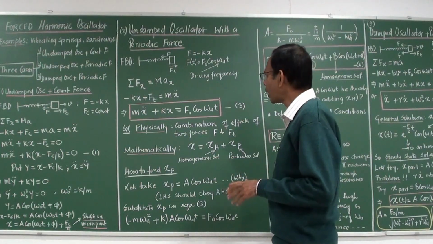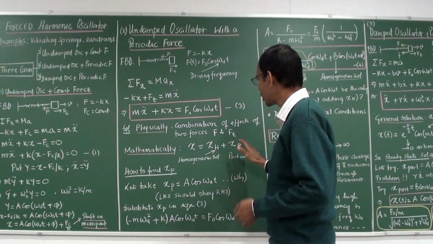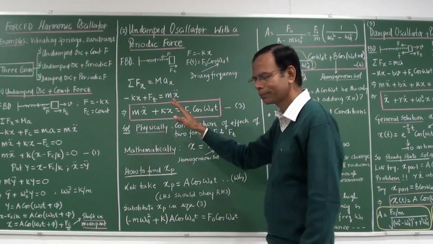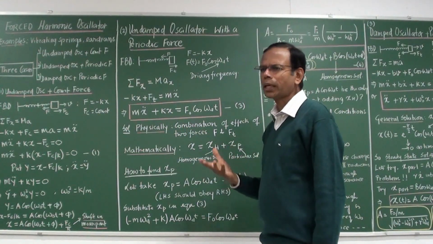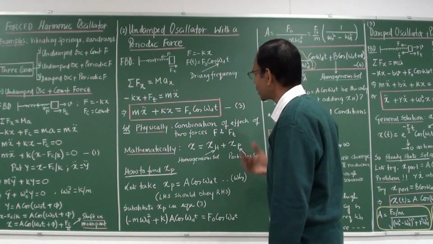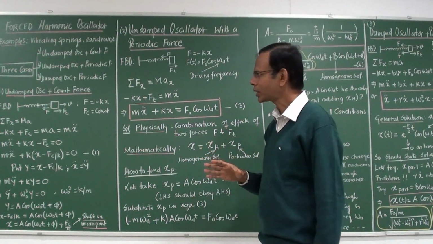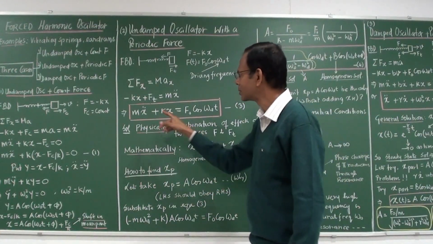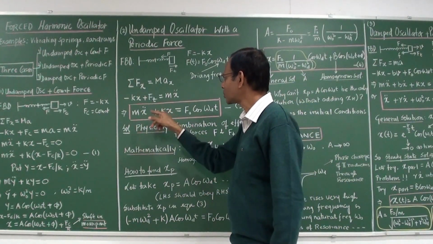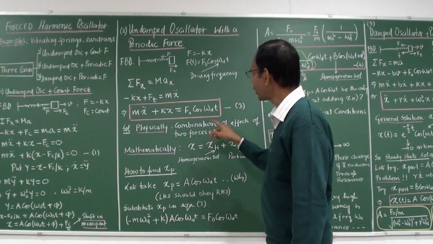Now, suppose I want to find the value of xp, how do I do it? One of the regular ways, which most books use, is the complex numbers. You take x as z and replace it in the equation.